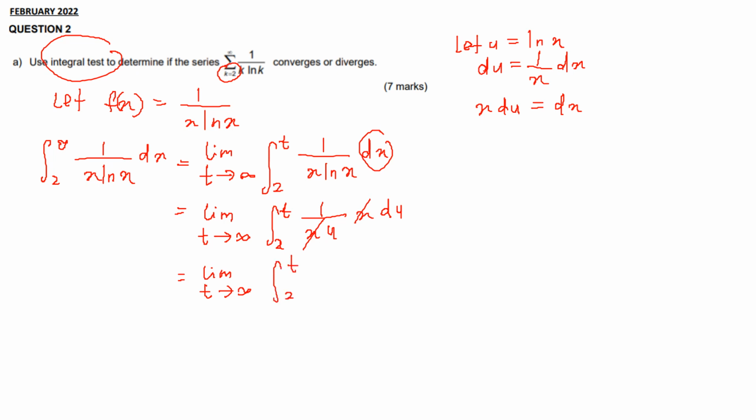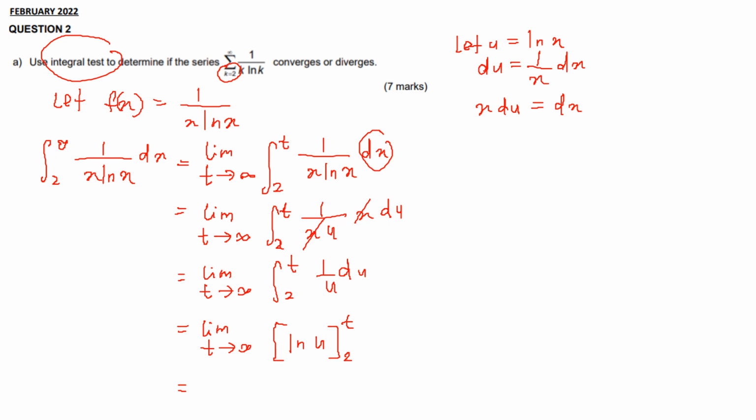Integrate this one, 1 over u with respect to du. So you will get limit t approaching infinity of ln u, from 2 until t.